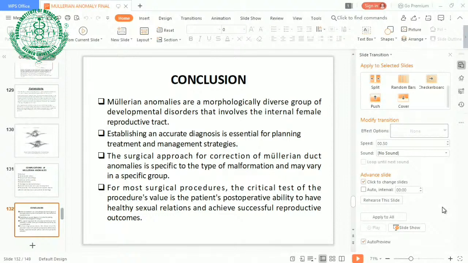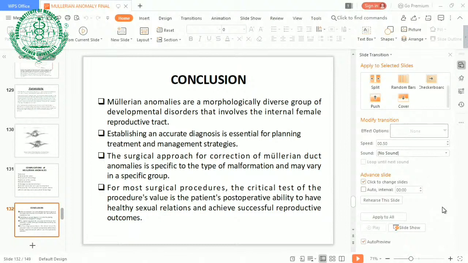So to conclude, Mullerian anomalies are a morphologically diverse group of developmental disorders that involve the internal female reproductive tract. Establishing an accurate diagnosis is essential. The surgical approach for the correction of Mullerian duct anomaly is specific to the type of malformation.